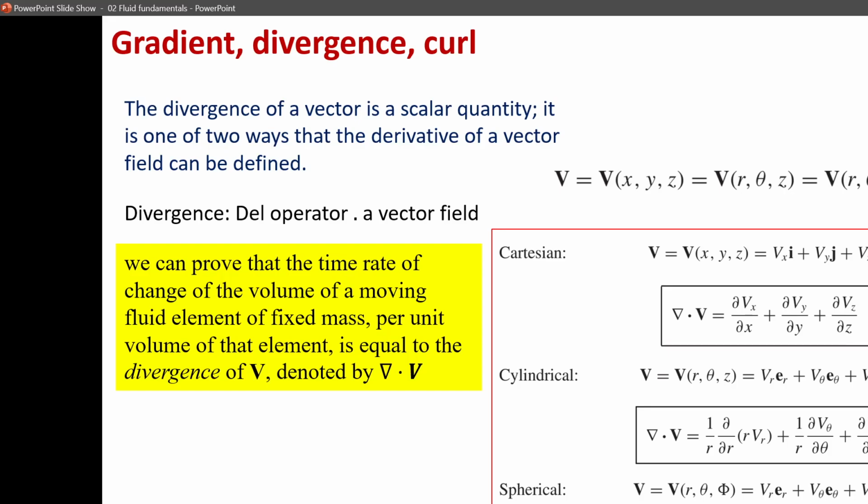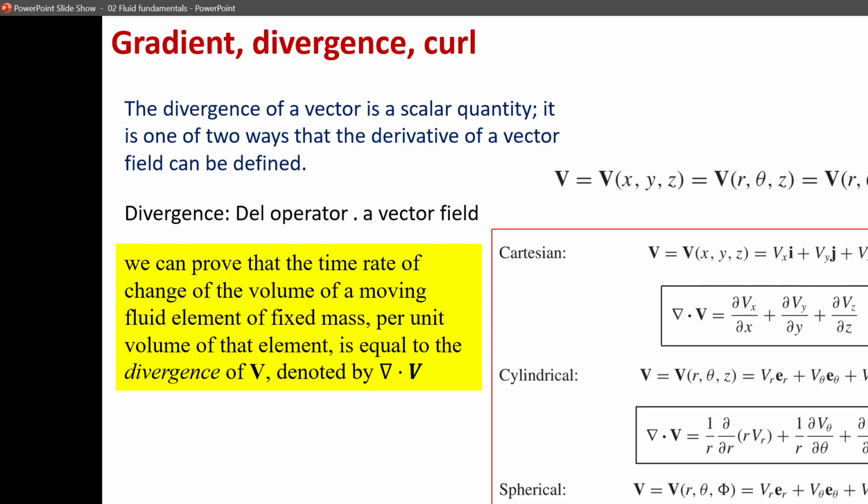So for velocity, we can have del dot v or del cross v. This operation is called divergence, taking the divergence of velocity. And this operation is called curl.